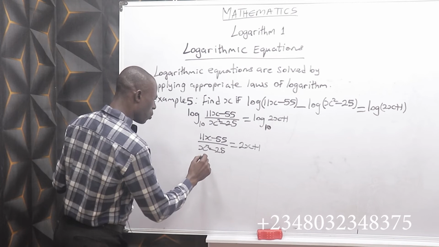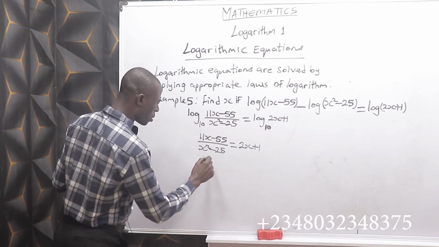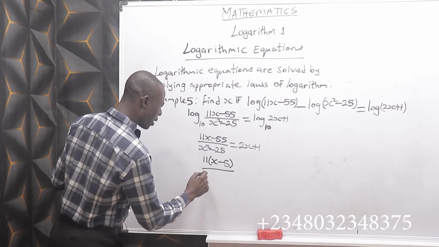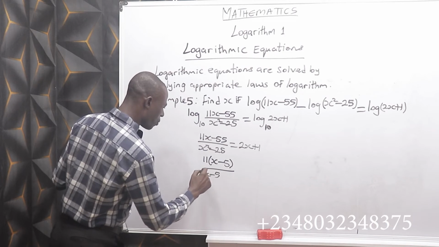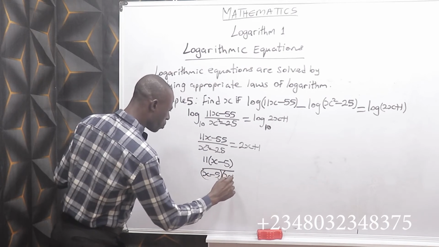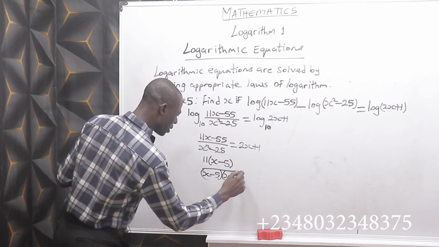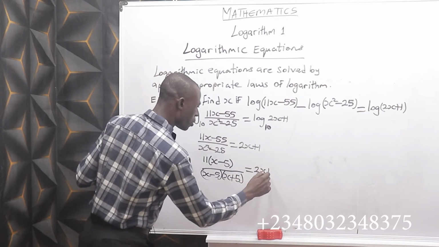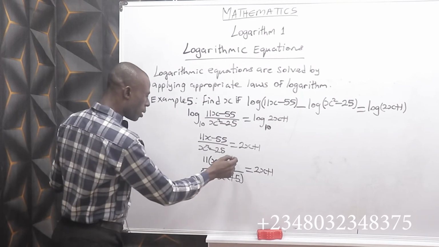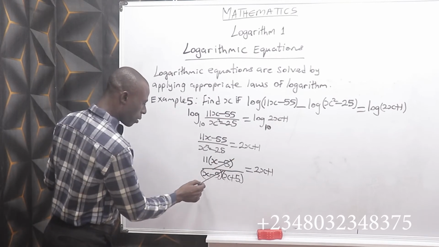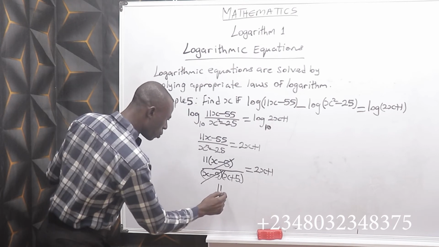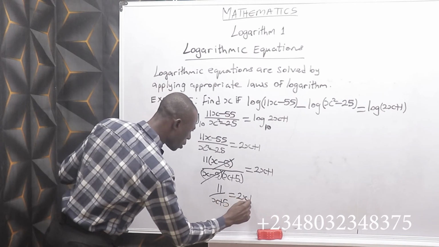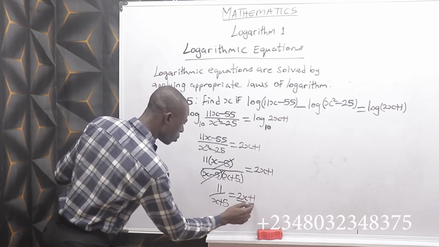To factorize the numerator here, we have what is common? 11 into (x minus 5) divided by (x minus 5) into (x plus 5). You know, that is difference of two squares, simplified there, equals 2x plus 1. x minus 5 takes out x minus 5. So we have 11 over (x plus 5) equals (2x plus 1) over 1.